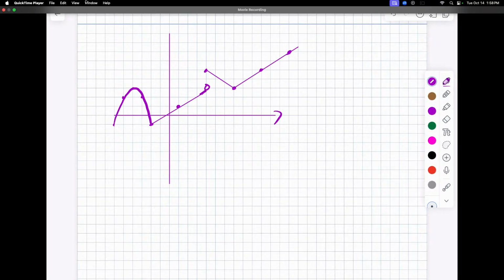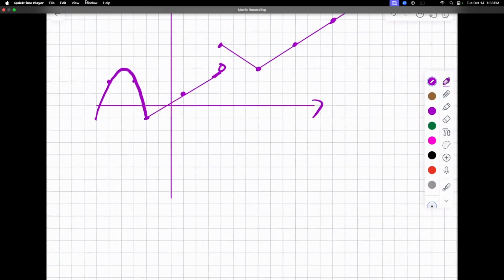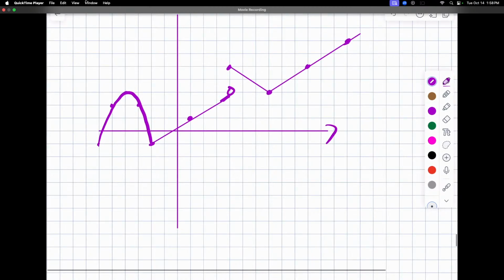Can you give me an equation of this piecewise function? And you're going to plug it into the calculator and see if it's right.